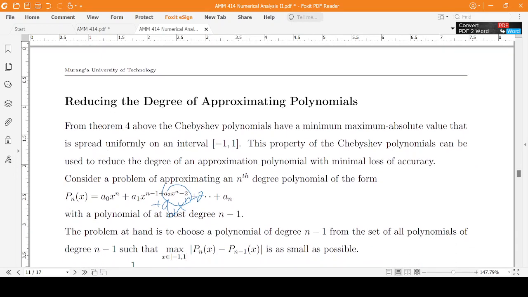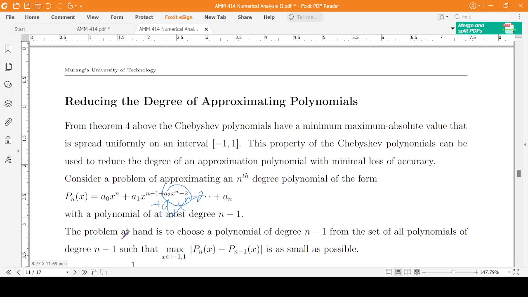We want to approximate this with a polynomial of at most degree n minus 1. So we want to reduce the degree of this polynomial by 1 and obtain a polynomial that best approximates this.